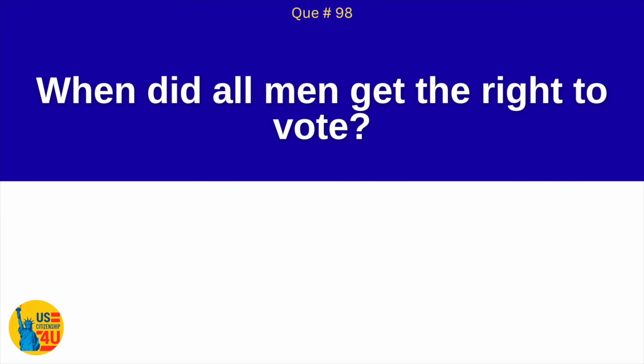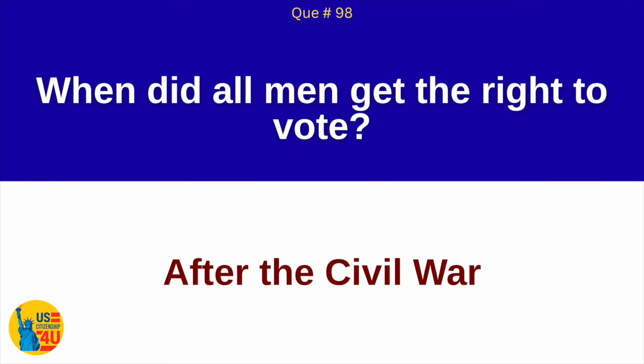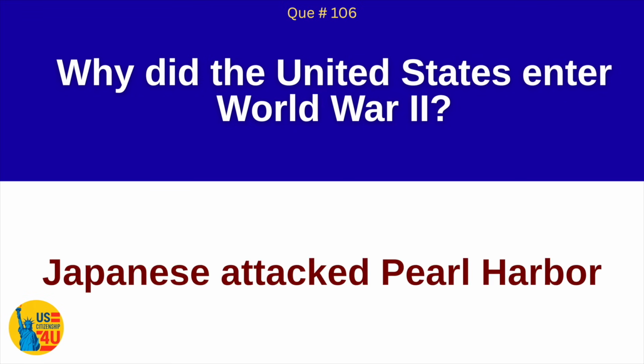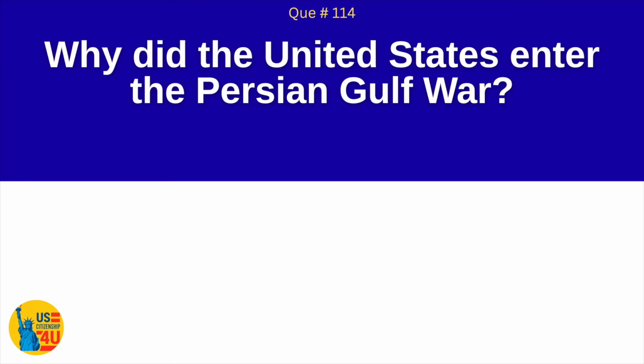When did all men get the right to vote? After the Civil War. Why did the United States enter World War II? Japanese attacked Pearl Harbor. Why did the United States enter the Persian Gulf War?